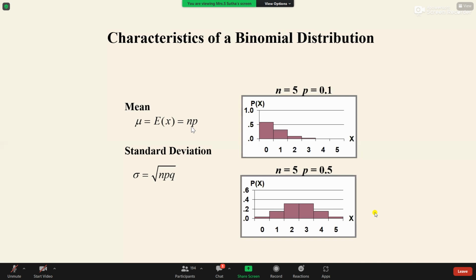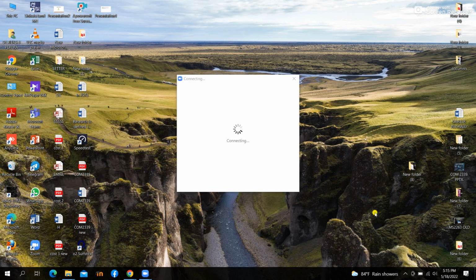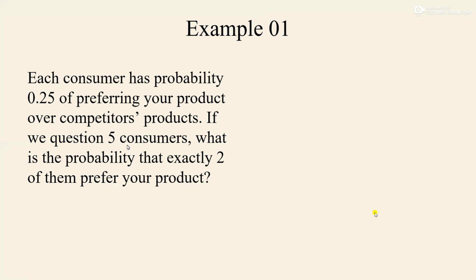Competitive product, right? So here we are taking 5 consumers, and we are asking each and every consumer whether they prefer our product over the competitor's product. So there are 2 products: one is our product and another one is the competitor's product.